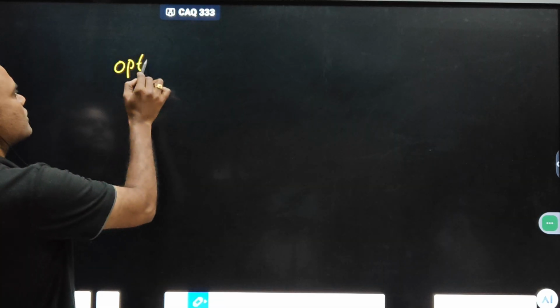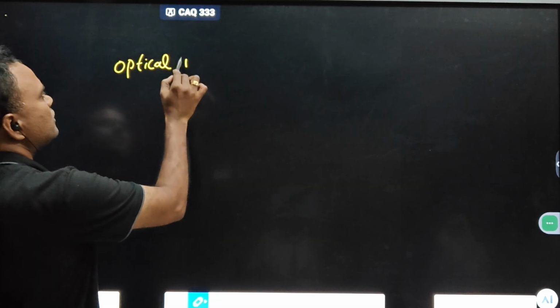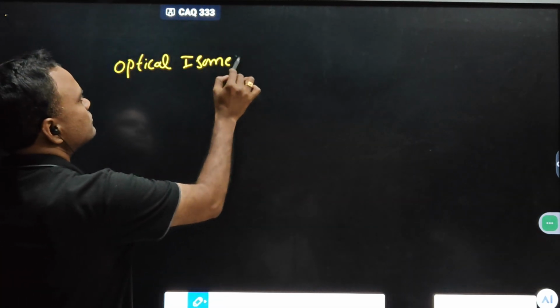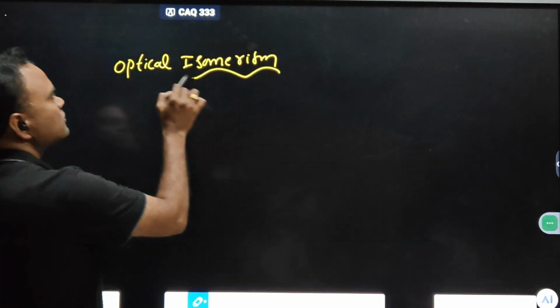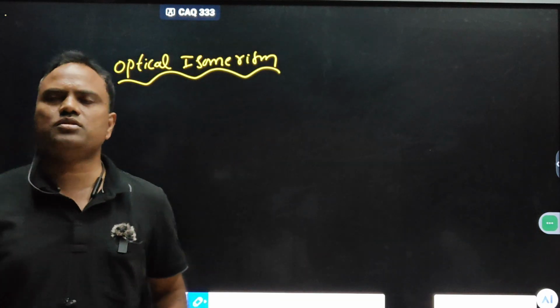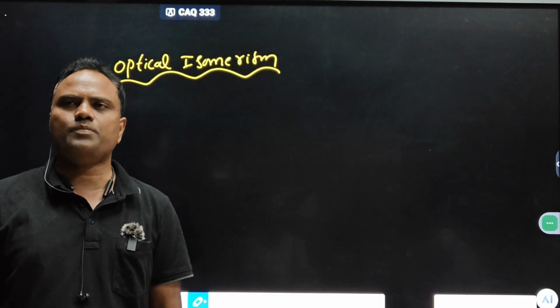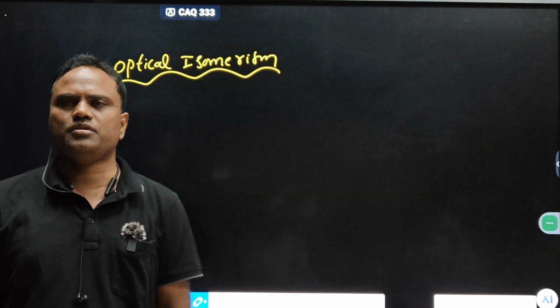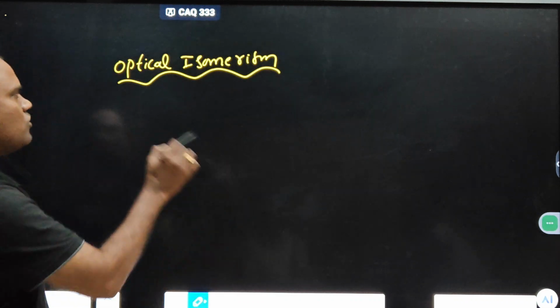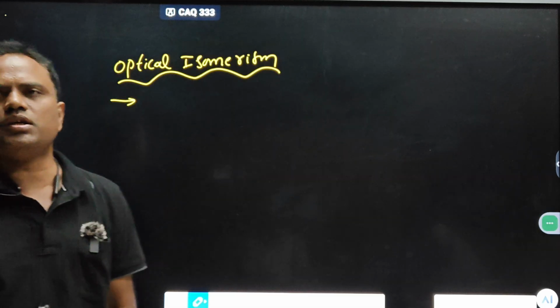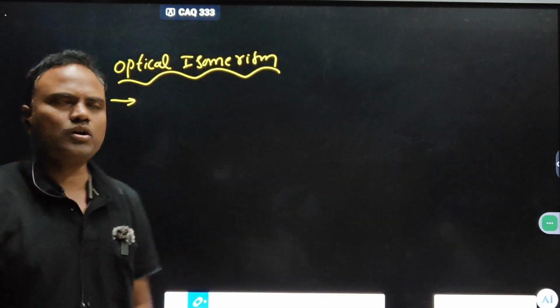What is the condition for optical activity? Presence of chiral center. Optical isomerism. According to organic chemistry, presence of chiral center or absence of symmetry element. So in complex compounds, we use the second condition.